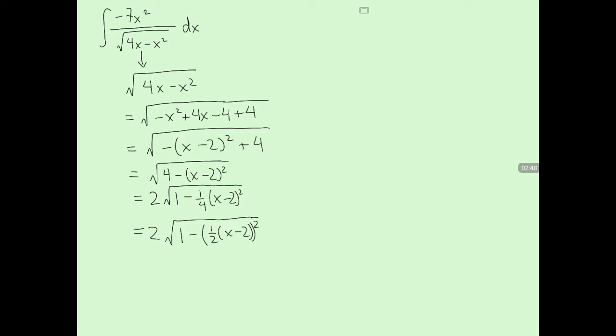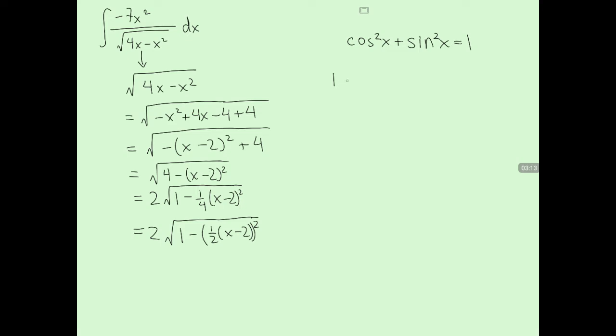Now, which trigonometric identity does this remind you of? Well, it should remind you of cosine squared x plus sine squared x equals 1. In this case, it really doesn't matter whether you use sine or cosine. If you move one of them to the other side, you're going to get 1 minus something squared.